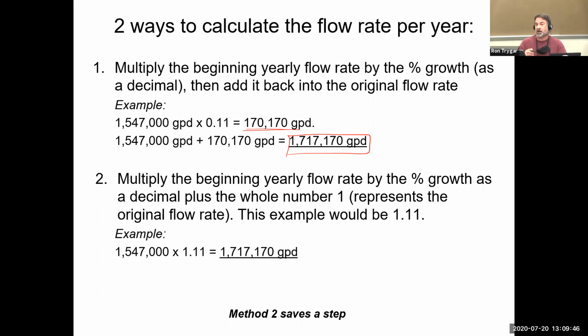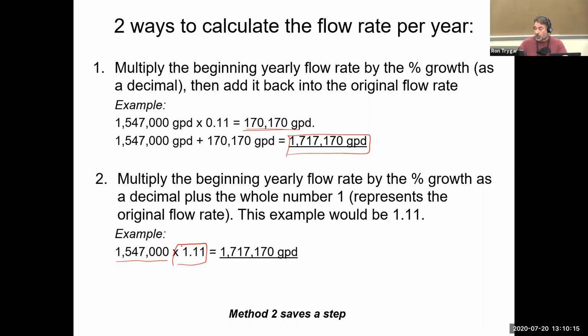Or you can cut out one of the steps completely and just add the 11%, say for this example, right into the original number, which would be represented by the whole number 1 as 100%. So let me show you what I mean. If we have 1,547,000 gallons and we're going to increase that by 11% each year, then our multiplication factor becomes 1.11.